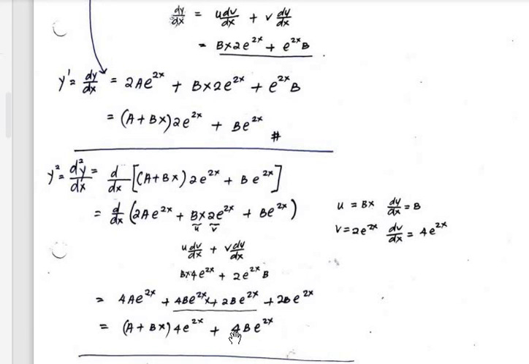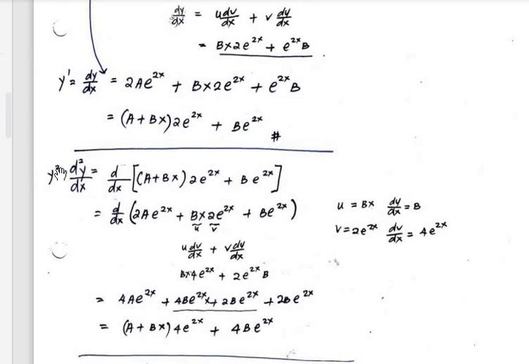So you sum them up, you get 4b e^(2x). This one you can also factorize: (4a plus 4b x) e^(2x), or you can have (a plus bx) multiplied with 4e^(2x). So don't forget you have the x here, that's why you have the bx. So (a plus bx) multiplied with 4e^(2x).